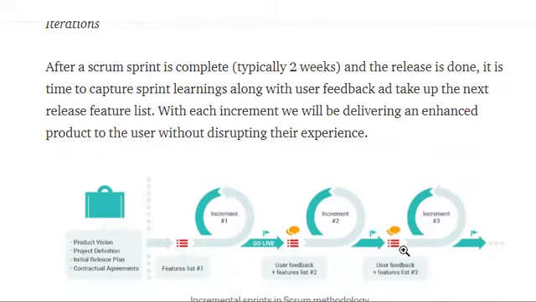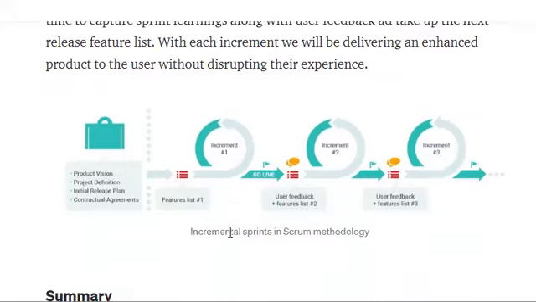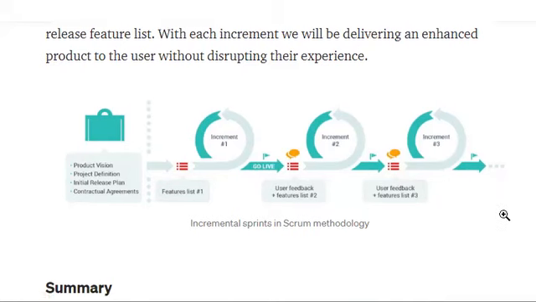The user doesn't know anything, we won't disrupt the user, but at the same time we will slowly enhance the product. You have the product vision, product definition, initial release plan, and contractual agreement. You did the first increment, went live with feature list 1, took feedback, made feature list 2, built and released it, took feedback, then made feature list 3, built it and released it.